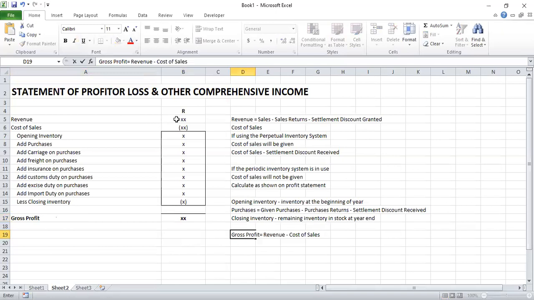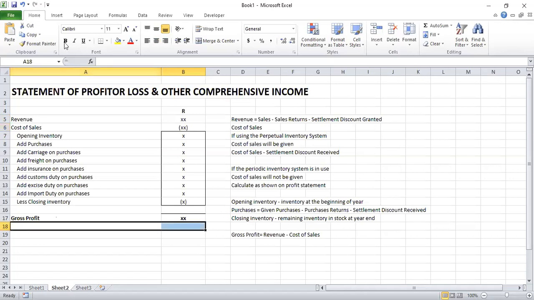So it will be this revenue minus this cost of sales. That will give us the gross profit. Right. After the gross profit, then we add what we call other income. We then add other income.